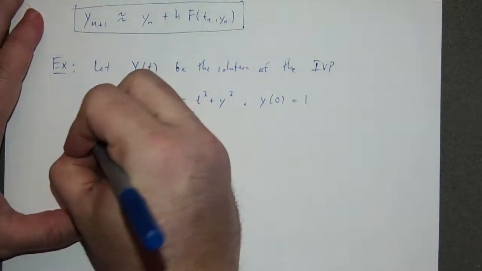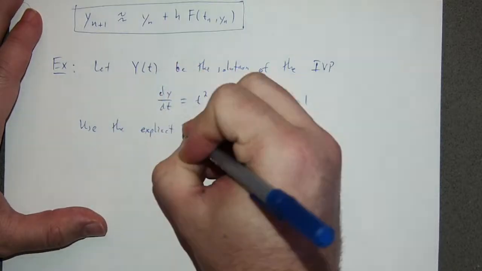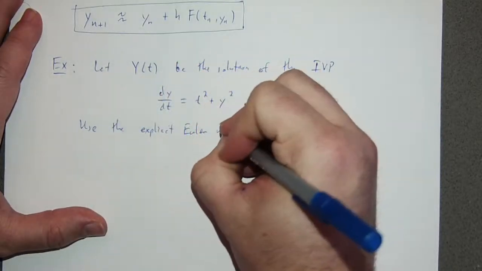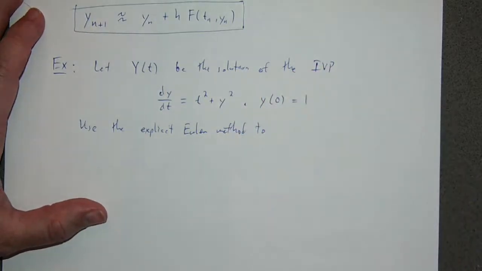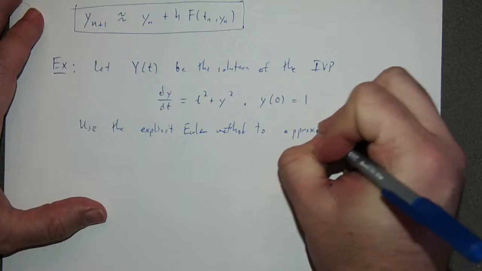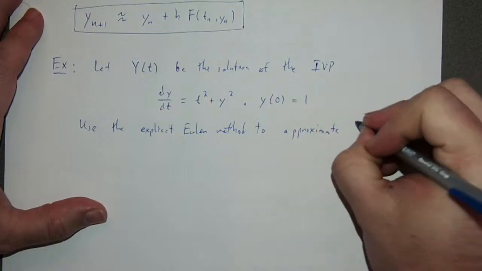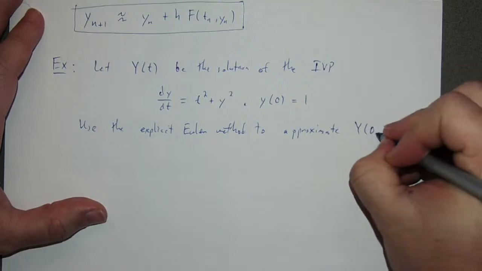Use the explicit Euler method to approximate y of 0.2.